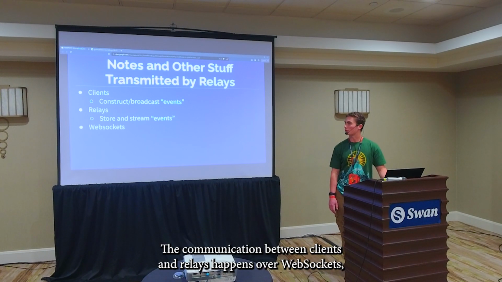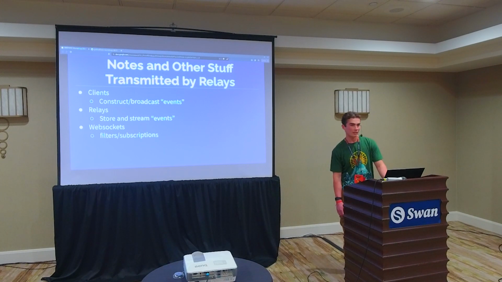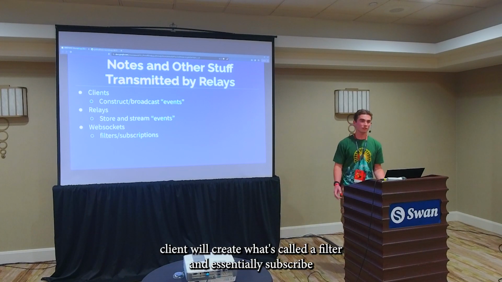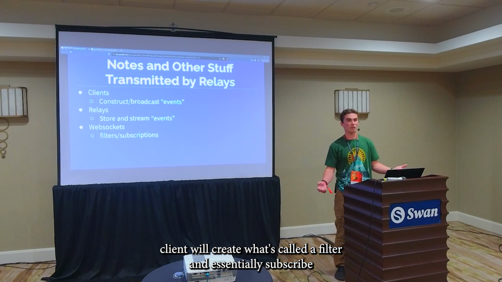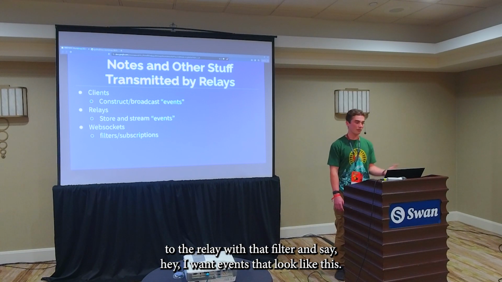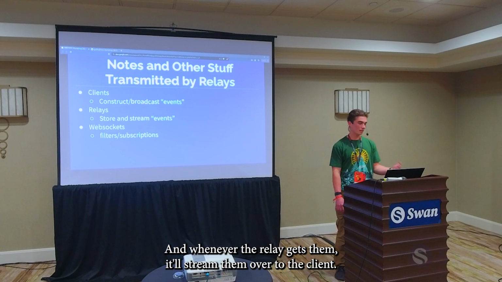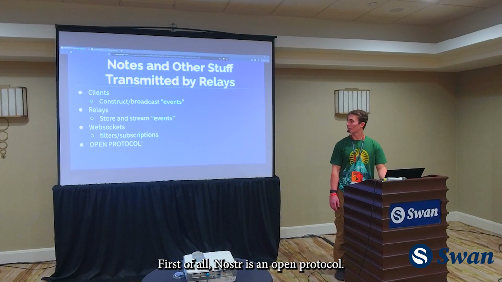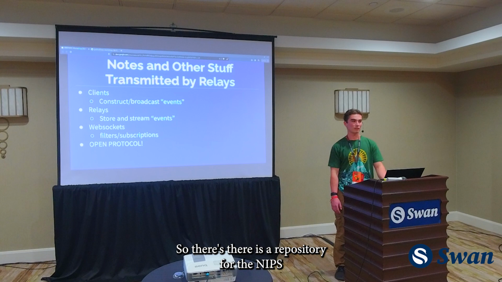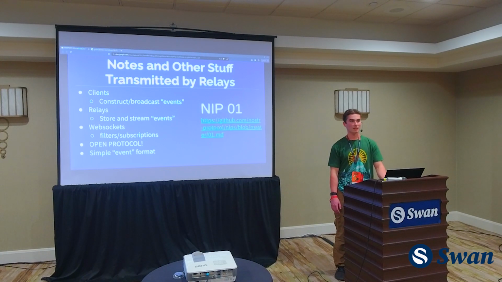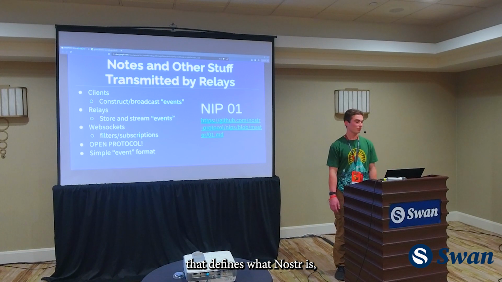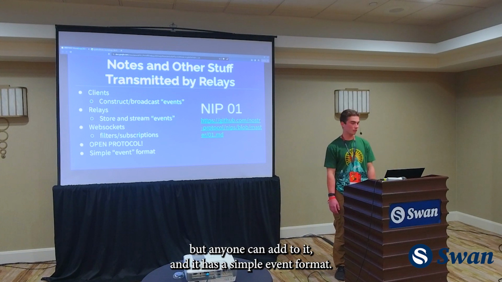The communication between clients and relays happens over WebSockets. And a client will create what's called a filter and essentially subscribe to the relay with that filter and say, hey, I want events that look like this. And whenever the relay gets them, it'll stream them over to the client. Best of all, Nostr is an open protocol. So there is a repository, the NIPs, that defines what Nostr is, but anyone can add to it.